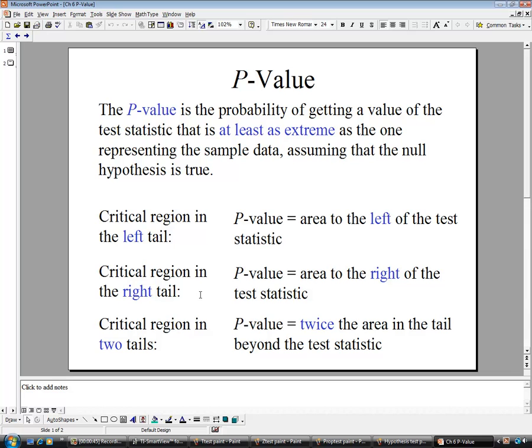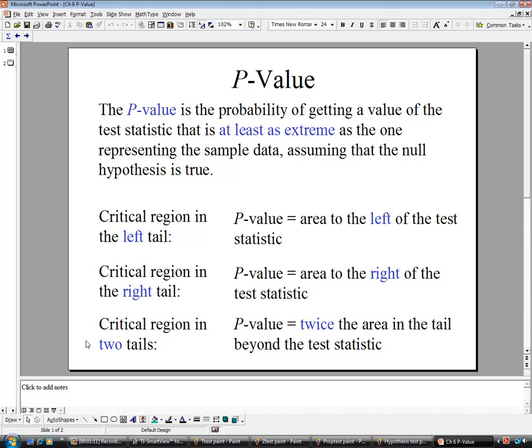If you have a right-tailed test, then you just go to the right. Even if you're well on the left of the distribution, you find the area to the right, and any alpha greater than that would make you reject the null hypothesis. In a two-tailed test, you figure out which tail you're closest to. If your test statistic is positive, you find the area to the right.